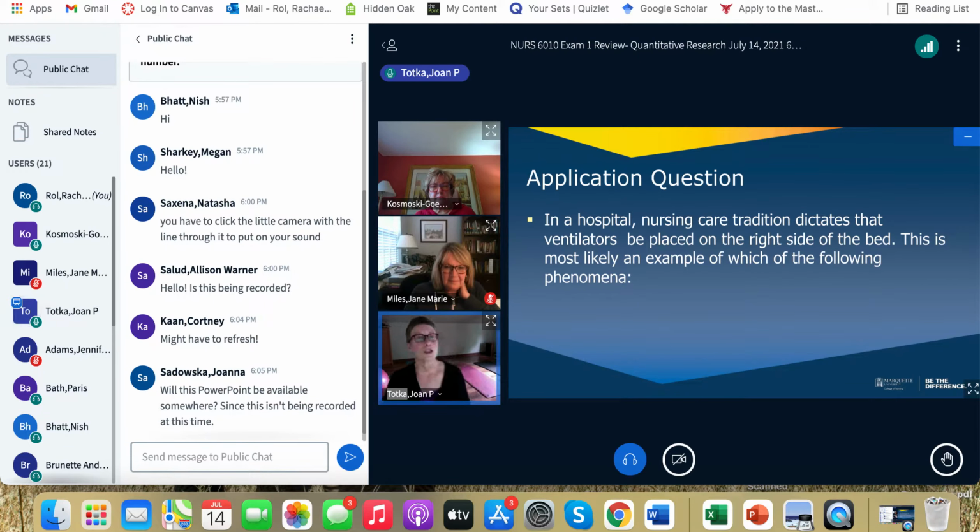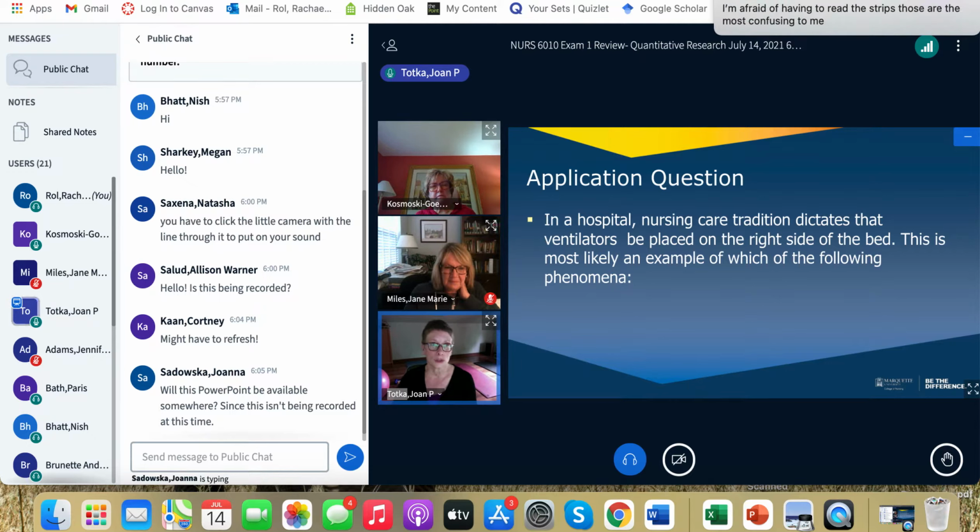So the application question is trying to get you to answer the question based on what you learn and what you have read, and then apply it to a setting. So after this story: in a hospital, nursing care tradition dictates that ventilators be placed on the right side of the bed.